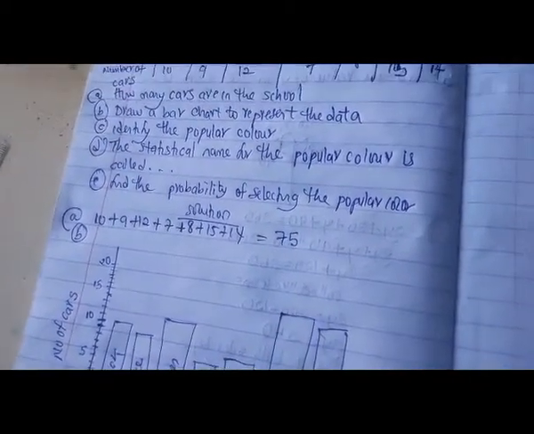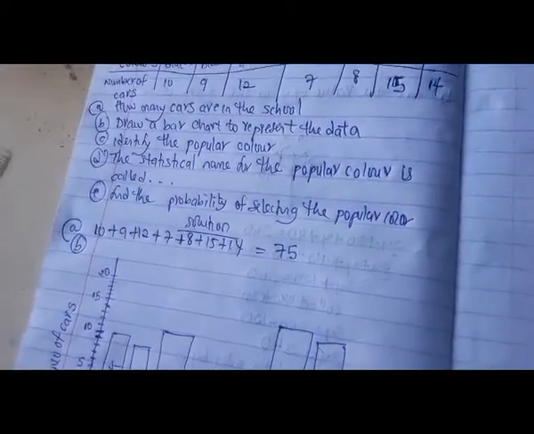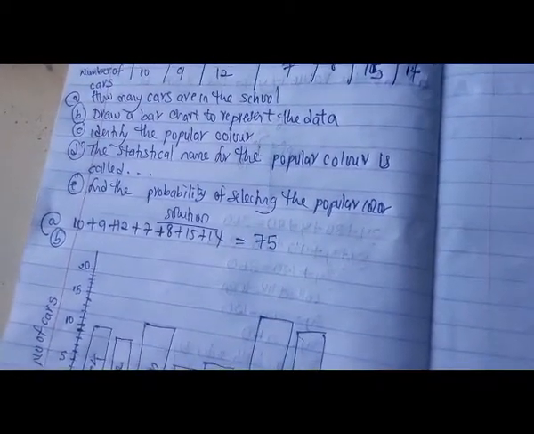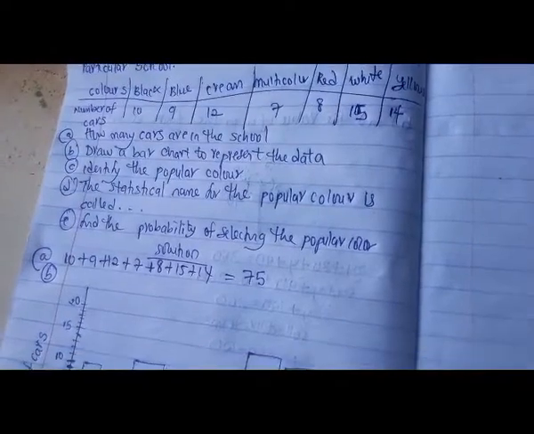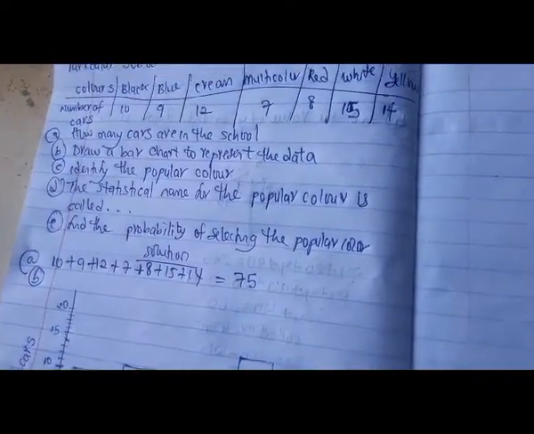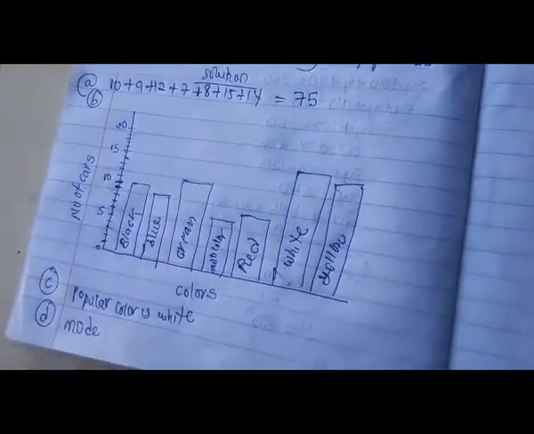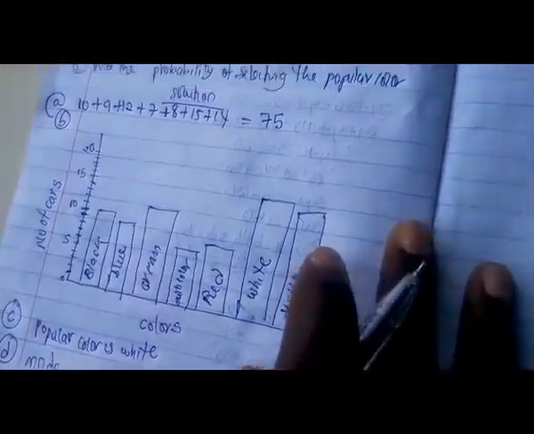In statistics, the highest occurring number is called mode. So the statistical name for the white color is what? Mode. Because in statistics, the highest occurring number is called mode.